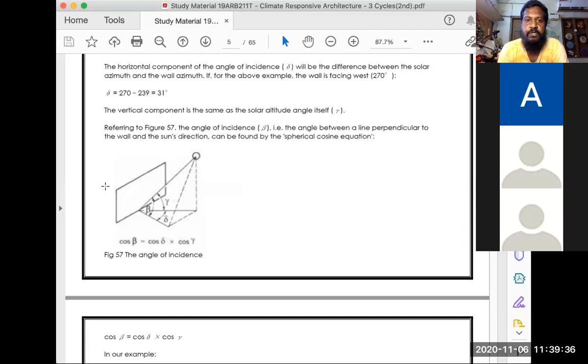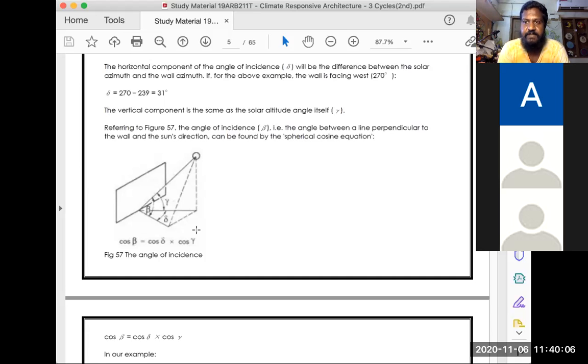But whenever we are going to do a shading device, we have to take the perpendicular direction from the wall, whichever side it could be: east, west, or south. To find this perpendicular angle, imagine if your wall is facing east, then your perpendicular angle is 90 to the azimuth.